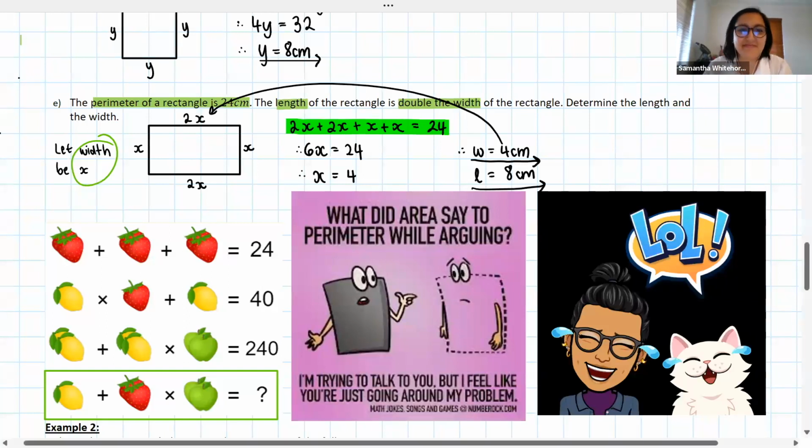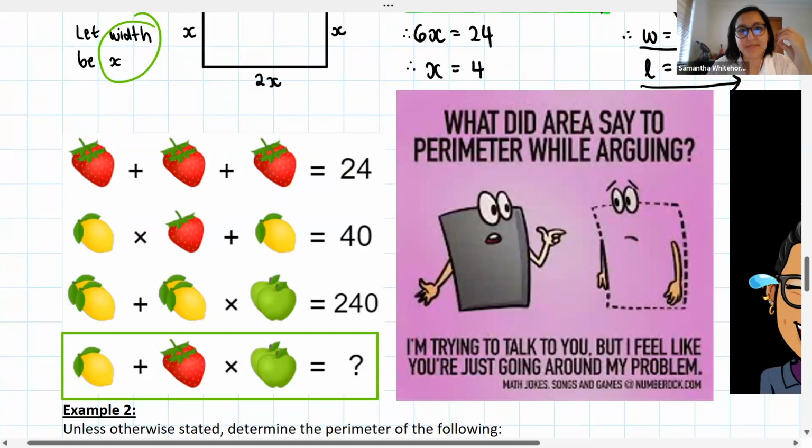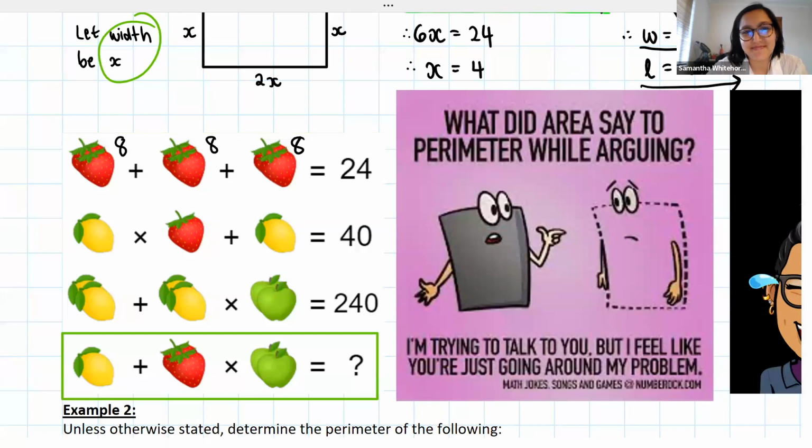So basically, for the first one, I said 24 divided by 3, and that gave me 8. So then I said 40 minus 8 gave me 32. So then I said what times 8 gave me 32, and then it was 4. Okay, so your lemons are 8 and this strawberry is 4. Yes, ma'am.